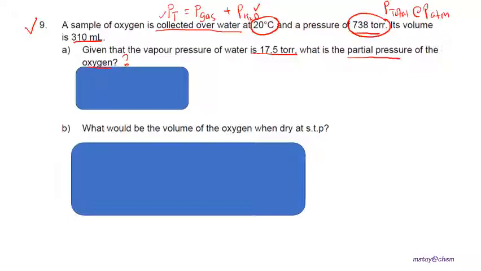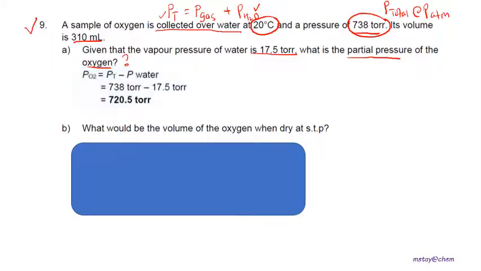So by rearranging this formula, we are able to calculate the partial pressure of the oxygen gas as 720.5 torr. In this question, if you didn't convert to the unit of atm, it is okay, because the question didn't emphasize what unit of pressure is required. They just asked us to determine the partial pressure of the oxygen gas.